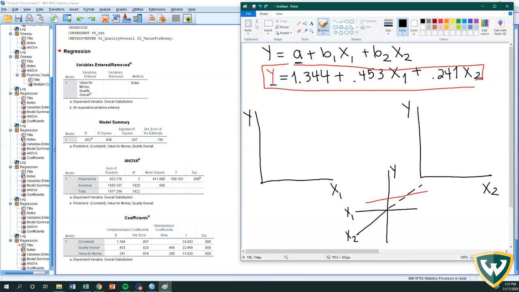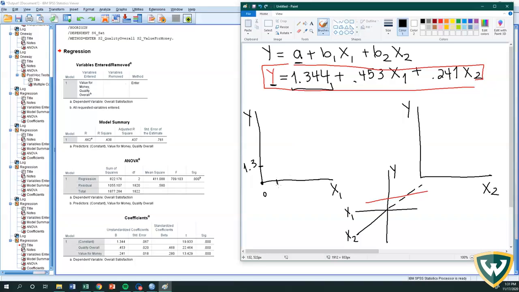So what does your y equal to if your x's are both 0? It equals 1.3, right? This is the description of a y-intercept. So your y-intercept is 1.3 if your x's are both 0. And as your x1 increases by 1 unit, your y increases by 0.453 units, right?